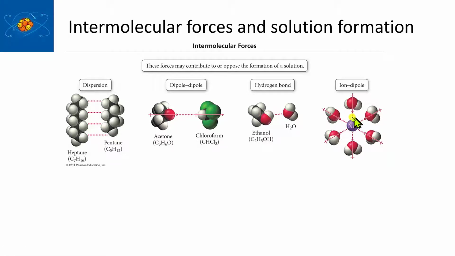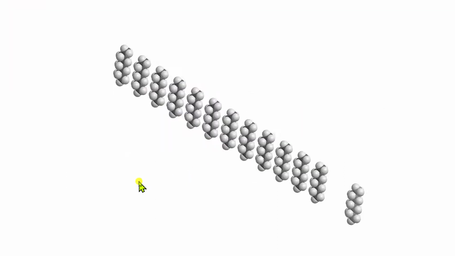We also have ion dipole interactions, which are the strongest interactions that we talk about in the formation of solutions. So rather than just point at these pictures, I wanted to show you how these molecules will interact with each other. I chose to show the interactions between heptane molecules, then the interactions of water molecules, and then what happens when you mix them together.